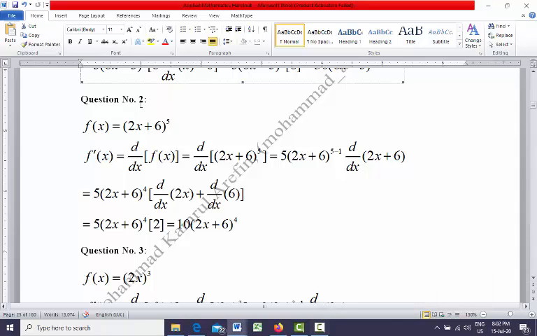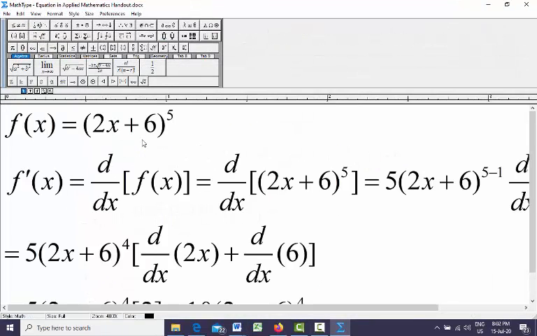Now let us solve question number 2. As you can see, this one is similar to before. Here also there is a bracket, and on top of that there is a power. As I said before, you need to do the differentiation of power first.